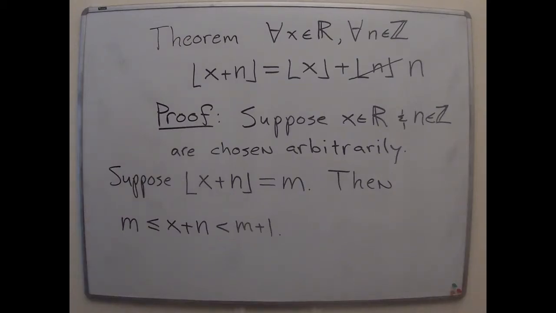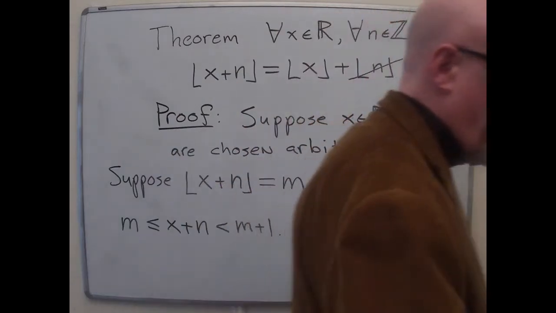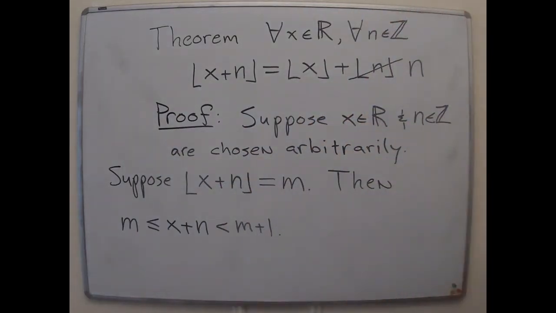I wrote it down on the, I think, 2 screens back now. Well, okay. But what I would like to do is get something that says something about the floor of x plus n. How could I look at this inequality here and say, get the definition of the floor of x? Let me switch colors and just write a sort of a parenthetical note in the corner here.